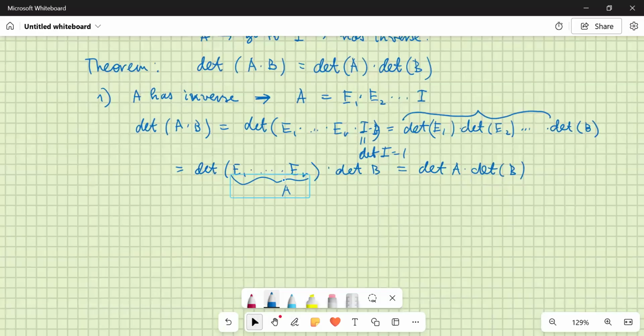Now, if A does not have an inverse, what is going to happen? We had a theorem that if a matrix does not have an inverse, the determinant is equal to 0.